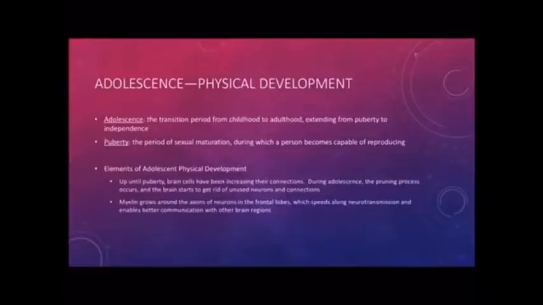Myelin grows around the axons of neurons in the frontal lobes to enable quicker, better judgment and planning capability. The frontal lobe matures, judgment improves, impulse control and long-term planning are all affected positively.